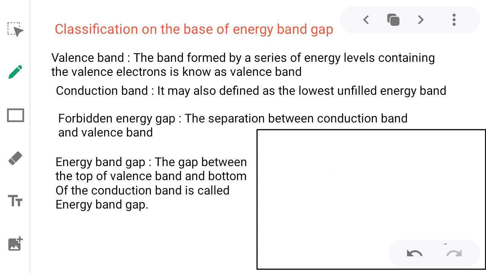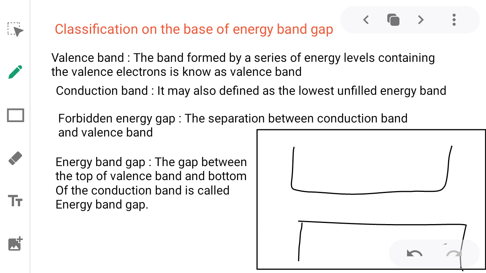Next, classification of elements on the basis of the energy band gap. We already know valence electrons are the outermost orbital electrons, and they form the valence band. Now, the valence band and conduction band.